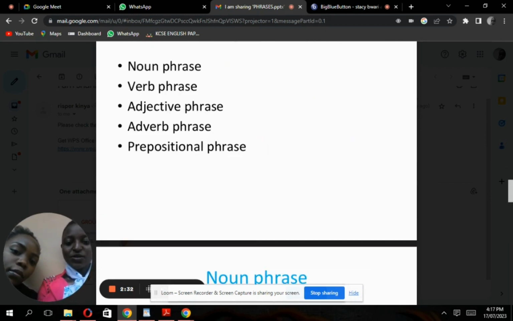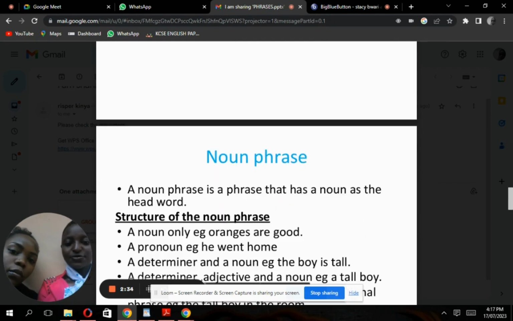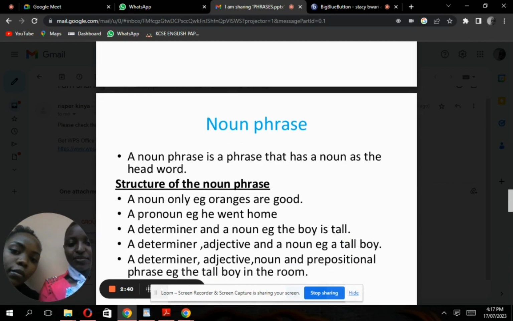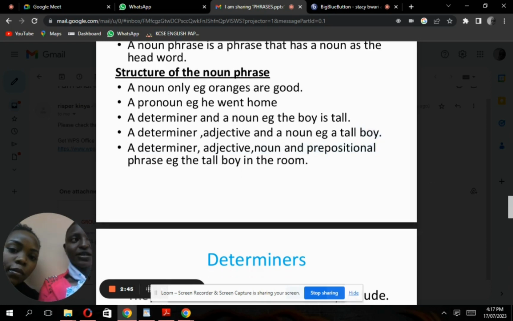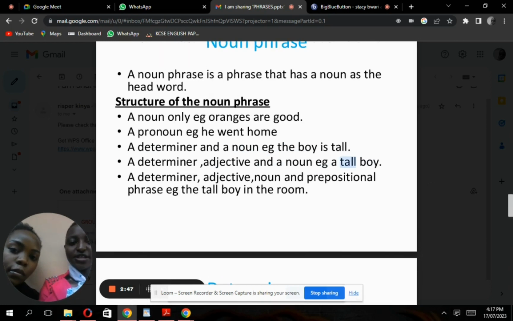So let's start with the noun phrase. A noun phrase is a phrase that has a noun as the head word. For example, we can have the tall boy. In the place of the tall boy, that's where you have the noun phrase.